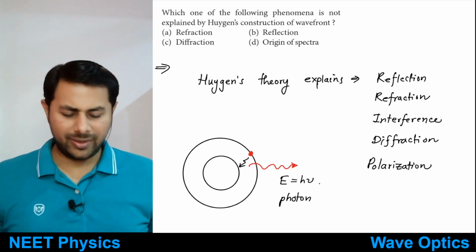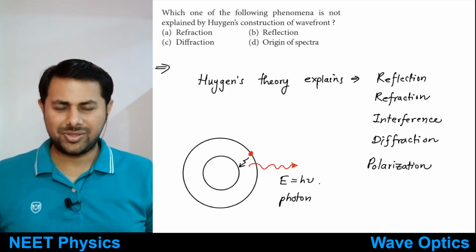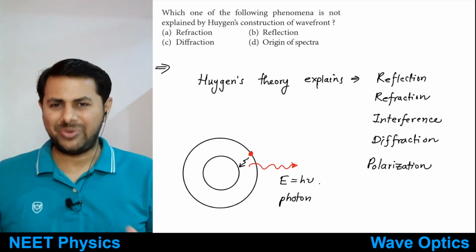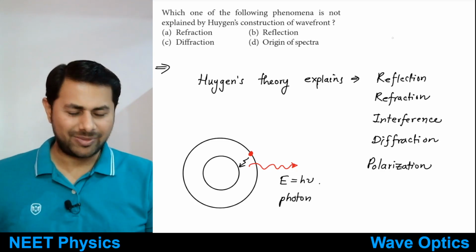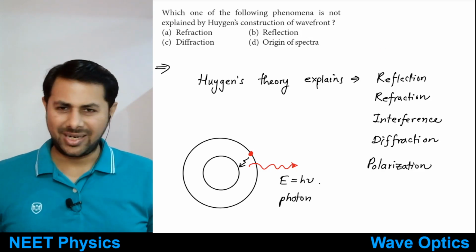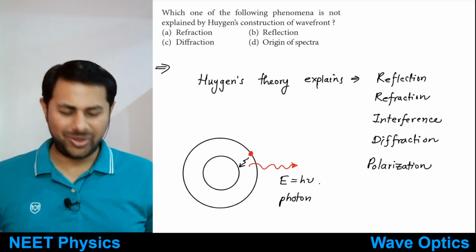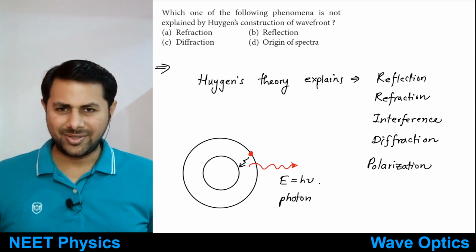Okay, but then after that some phenomena were discovered which couldn't be explained by this wave theory of light. We didn't know which kind of waves, so that was also established, that electromagnetic waves. Okay, so that we are going to see in the next chapter, what phenomena. So one is photoelectric effect.